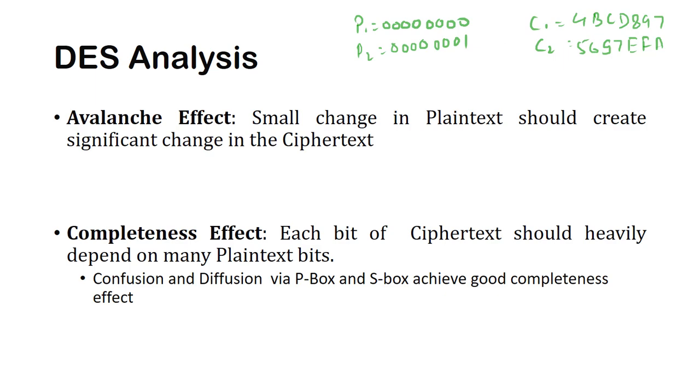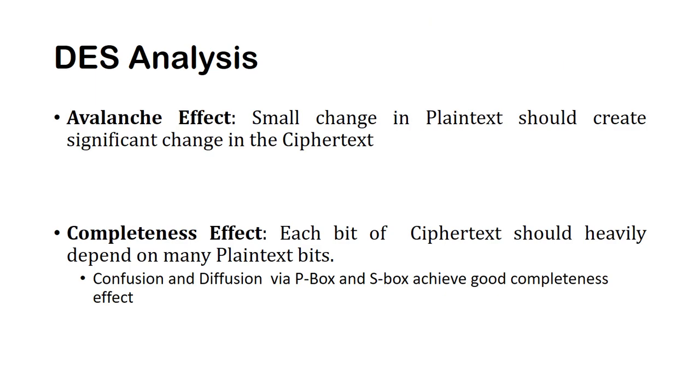Secondly, there is the completeness effect, which means that each bit of the ciphertext should heavily depend on the plaintext bits. If you remember, when we talked about confusion and diffusion in the previous lecture, we drew a diagram where one bit change in the plaintext, with the help of the substitution boxes, gets reflected into 2 bits, and then with every round it increases by an order of 2, right?